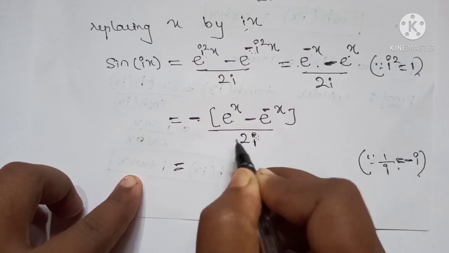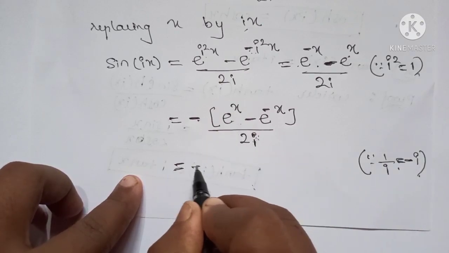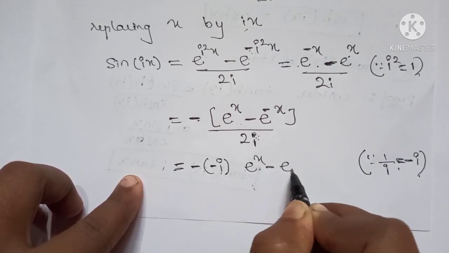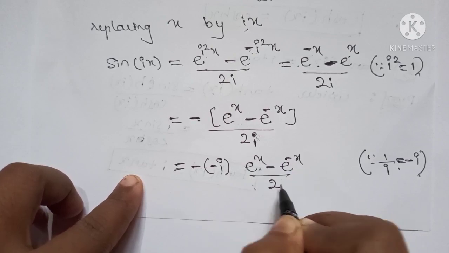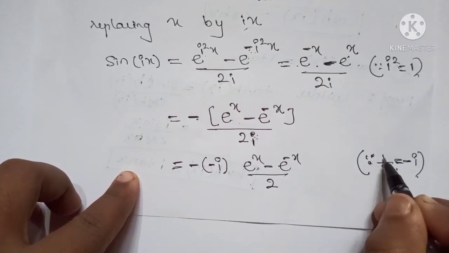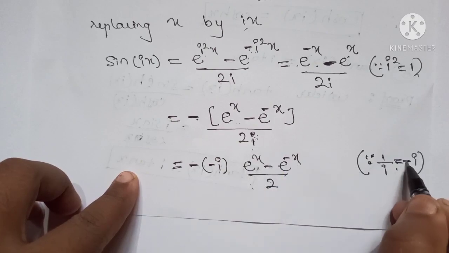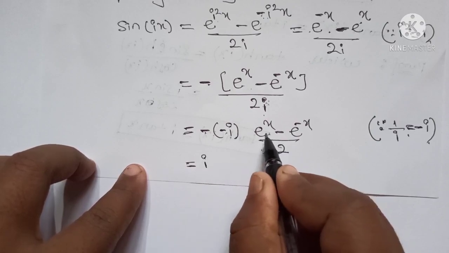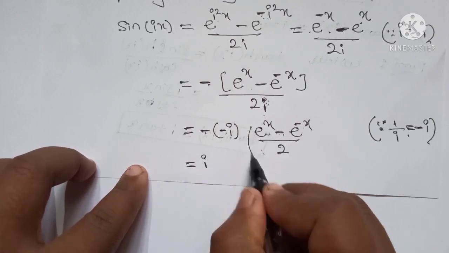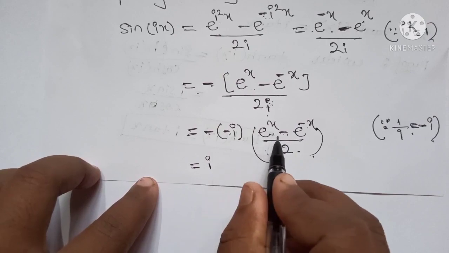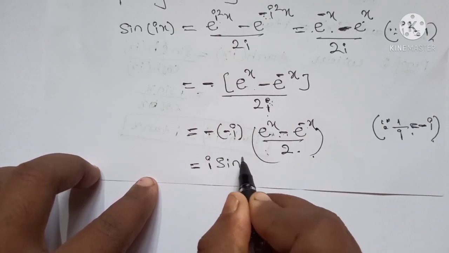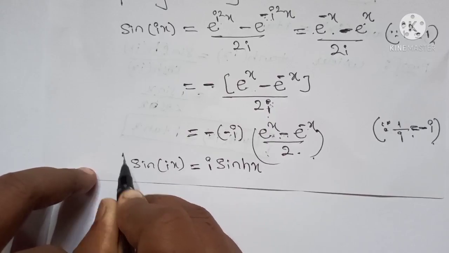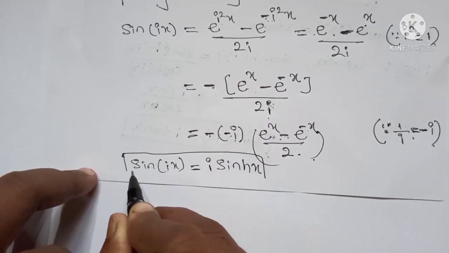So it becomes minus i, then it is e raised to x minus e raised to minus x divided by 2. Here I have written the reason, because 1 by i is equal to minus i. So minus into minus, we get plus i into e raised to x minus e raised to minus x by 2, which is sin hx. Therefore sin ix is equal to i sin hx.